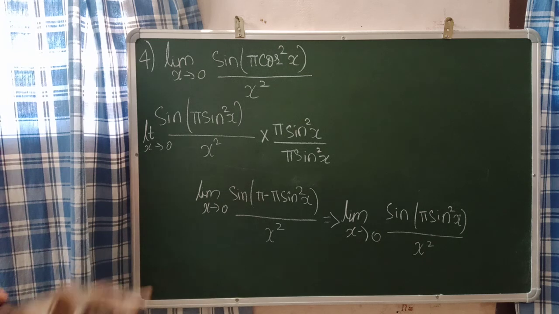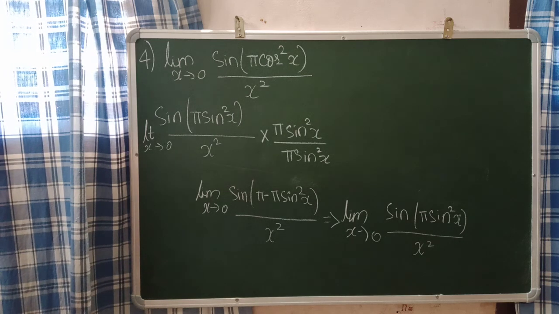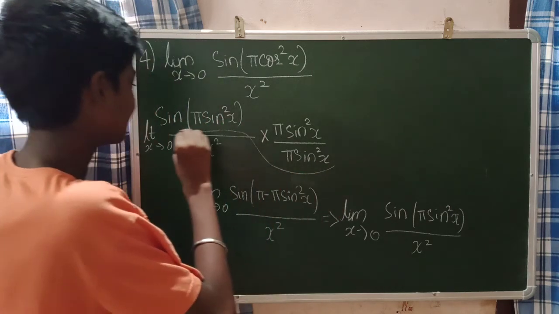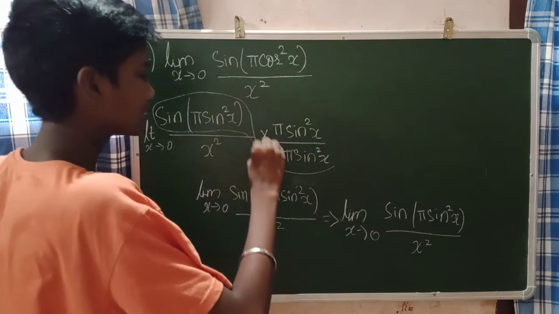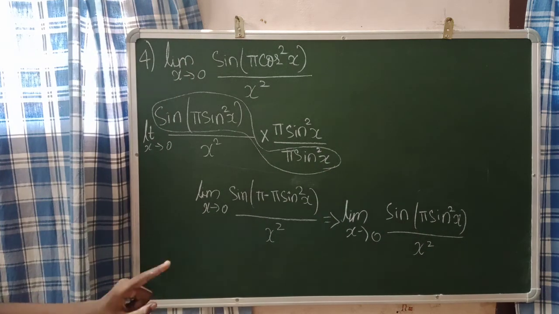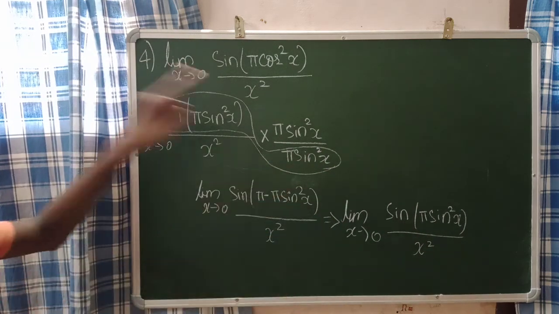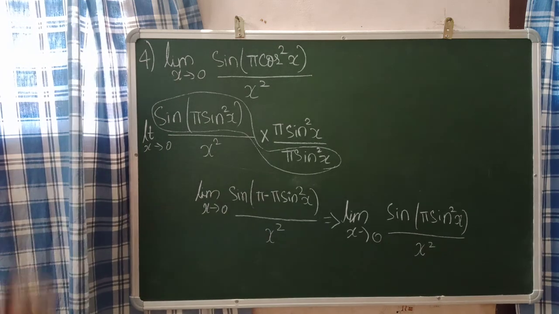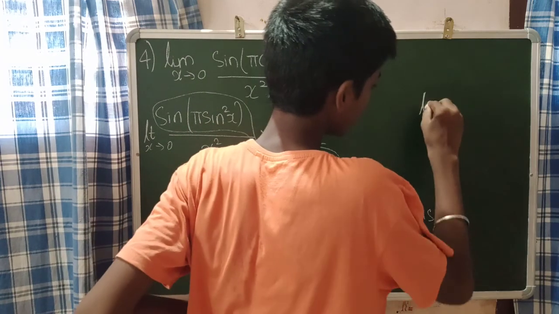But what's the reason we are doing such a thing? Listen, what is this? Sine of pi sine square x divided by pi sine square x will be 1 if your x tends to 0. Do you guys forget that? That's one of the standard limits.